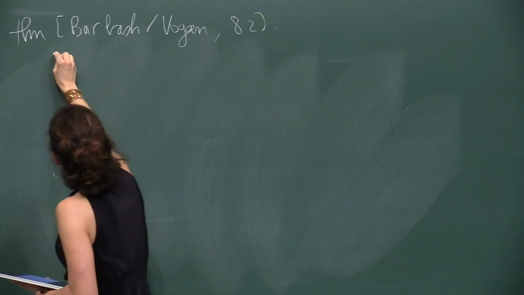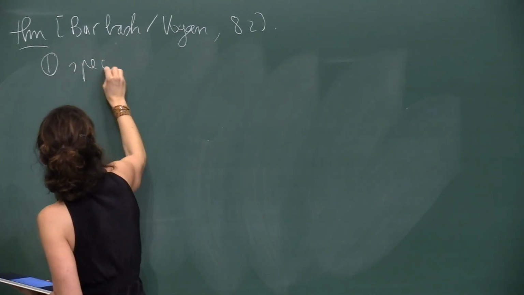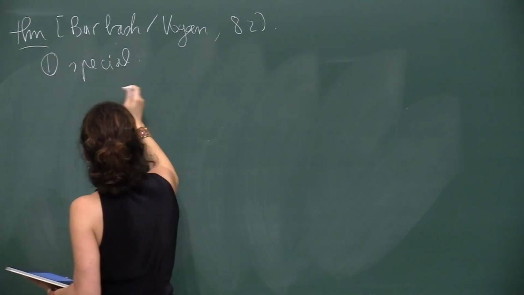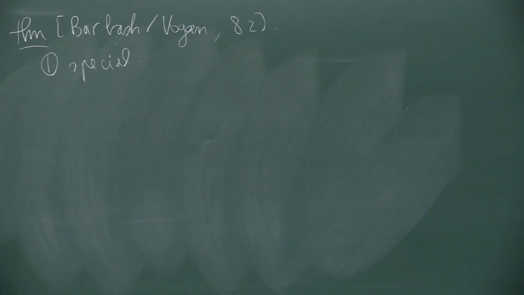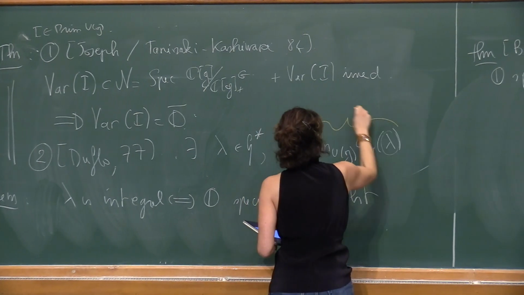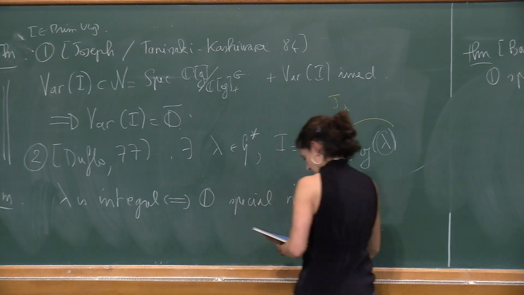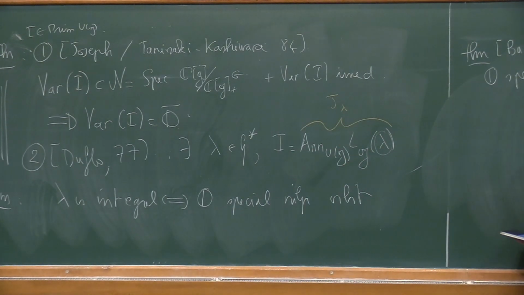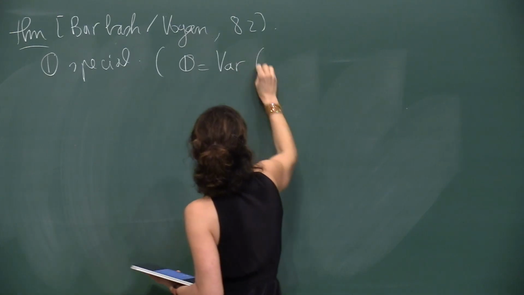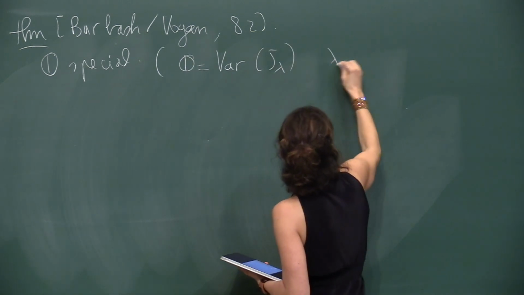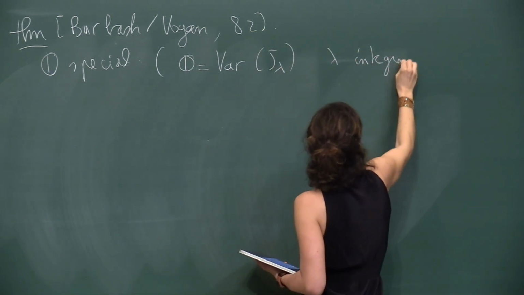So I assume that O is special. So maybe I want to use a notation for this. It will be G lambda. So this means that this is the associated variety of some G lambda, where lambda is integral.